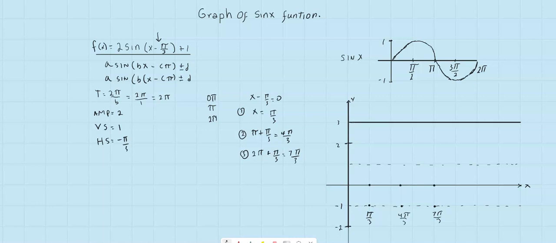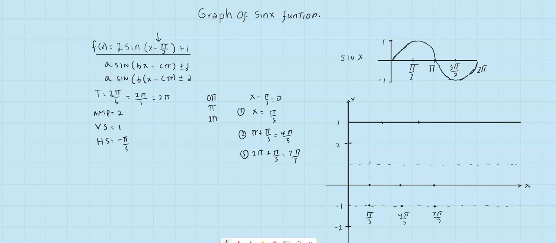So now I know that my graph is going to start right here, and somewhere in the middle right here, and somewhere in the middle right here. I know that my graph is going to look something like this.